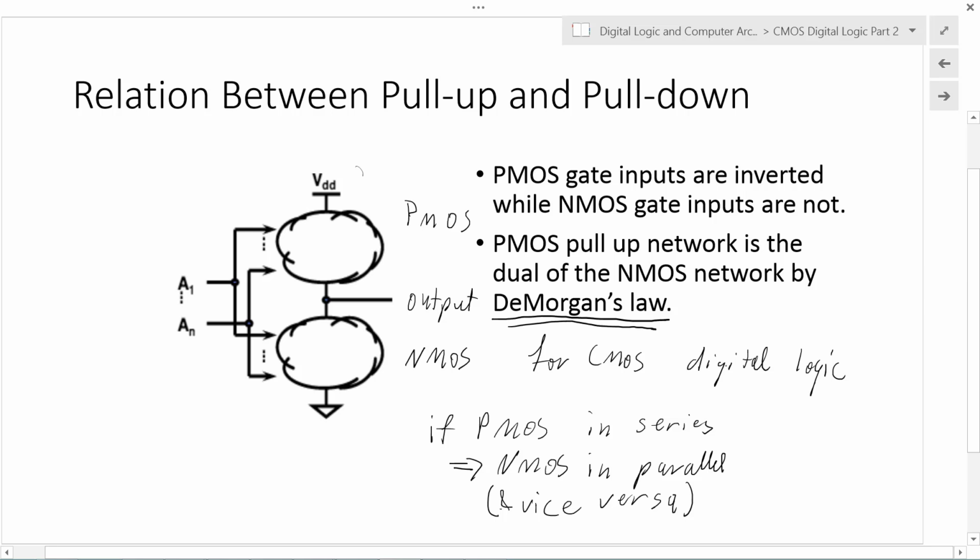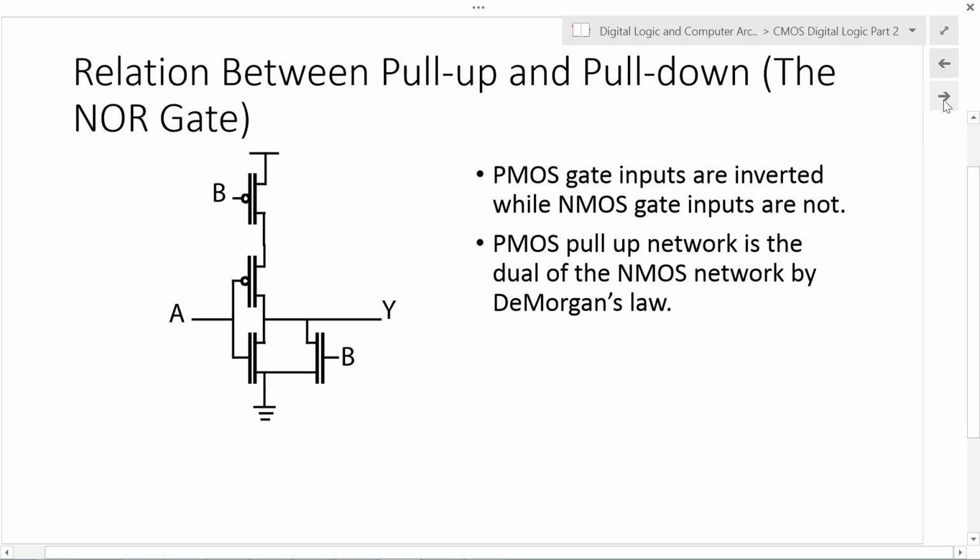We've only looked at the CMOS implementation of 2 input gates so far, but it is also possible to look at multi-input gates as well. So, looking closely here, there is the relation between the pull-up and the pull-down network for the NOR gate.